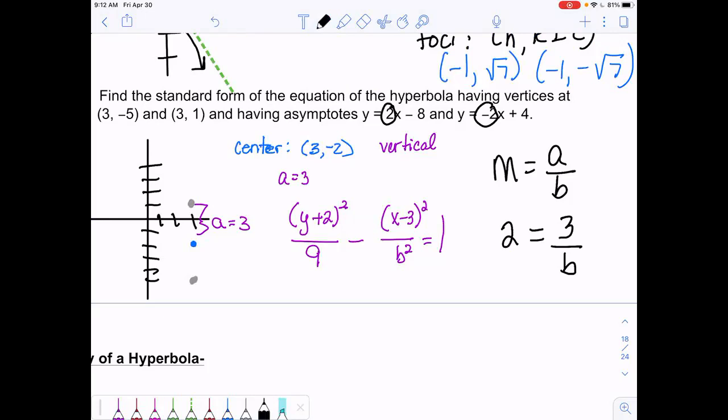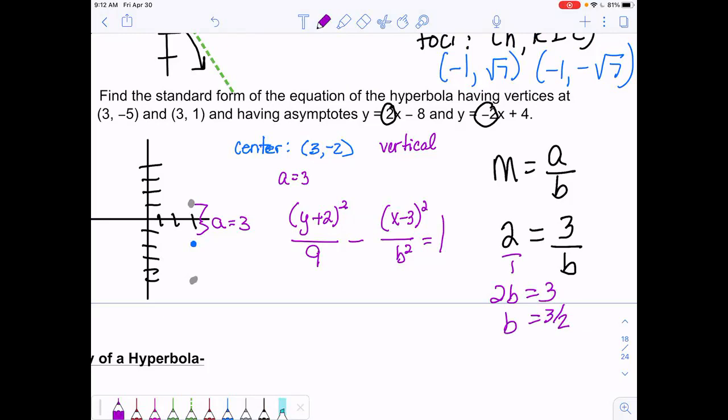So you're using the slope of the asymptote. The other value doesn't matter because we want to find A and B. And if I have A, I can then find B. So to find B, I would cross multiply here. 2B equals 3. So B is 3/2.